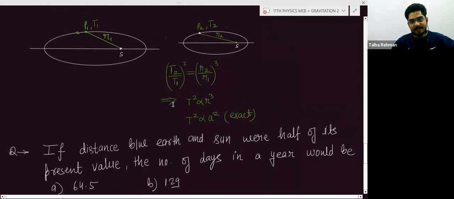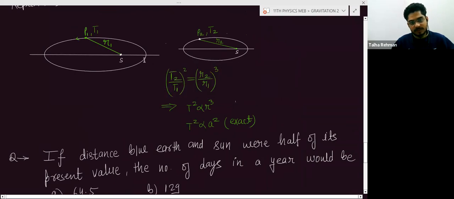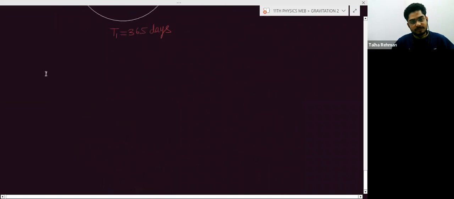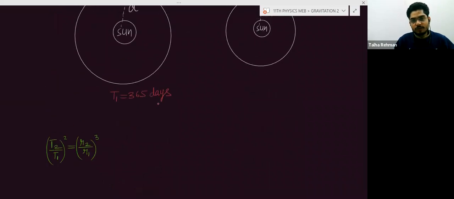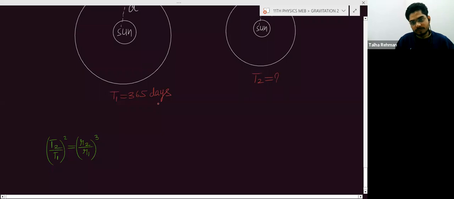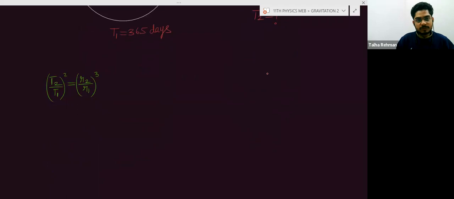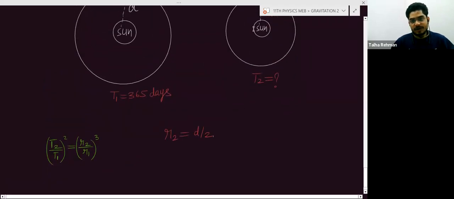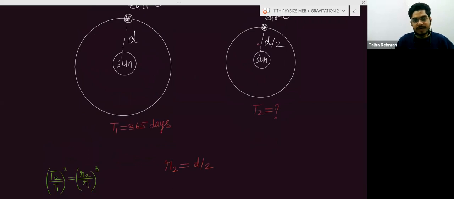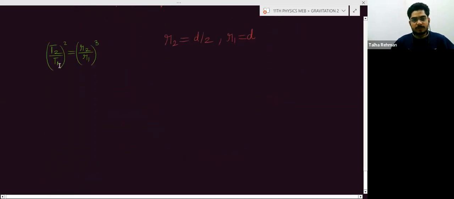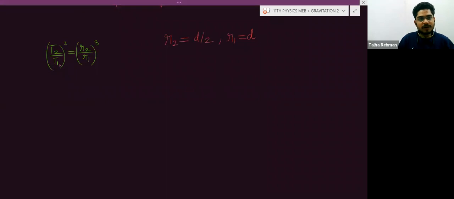So we will apply this formula: T2 by T1 whole square is equal to R2 by R1 whole cube. Basically we want to find T2, and R2 and R1 are given. What is R2? R2 is d by 2 and R1 is d.